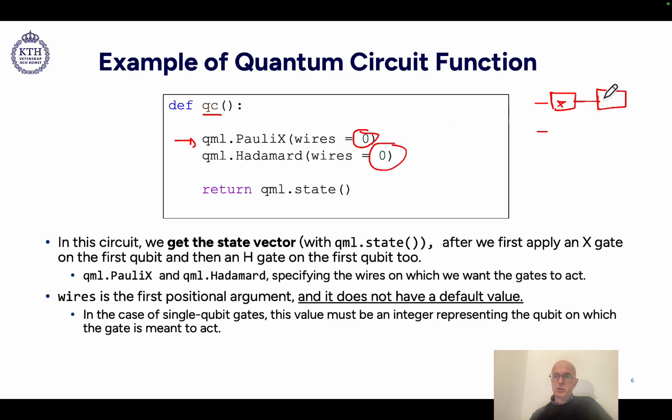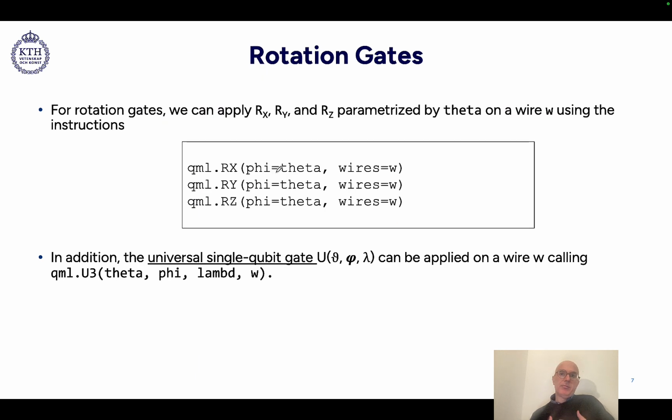So this corresponds to this, and then nothing on the other wire. And then, as I said, we can return the amplitudes of the quantum state in this quantum circuit. Together with the Pauli X and the Hadamard gates, we can define a number of rotation gates.